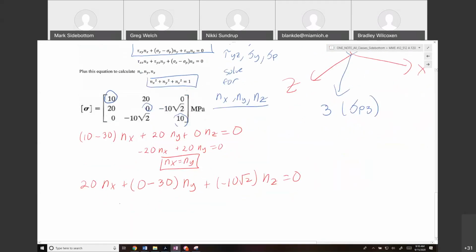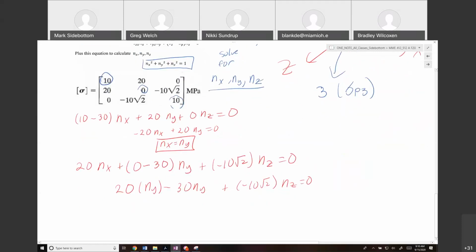So we know that nx was equal to ny, so we could simplify this down. It'd be 20 times ny minus 30 times ny plus negative 10 radical 2 nz equal to 0. If we solve this equation for nz, we end up getting that nz would be equal to minus radical 2 over 2 times ny.